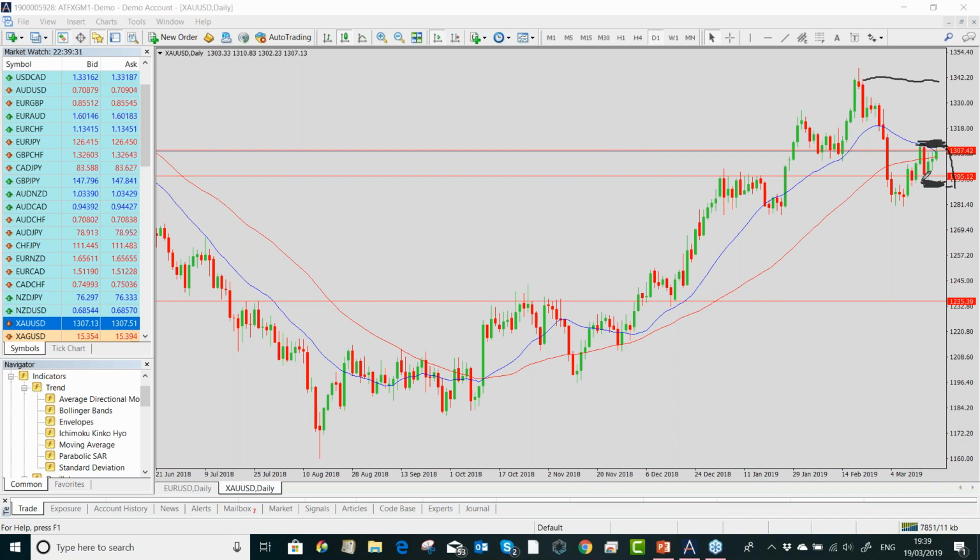We need to know where our stop loss is going to be so that we can position size our trade, so that we know that if we lose this trade, we're only losing a set fixed amount of our account, which could be 1% or $10 of our account.